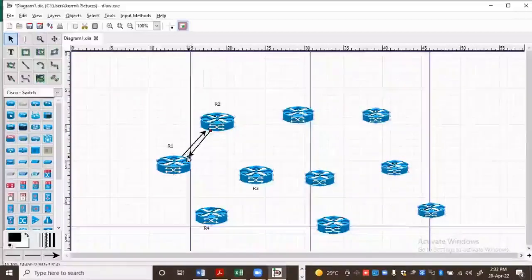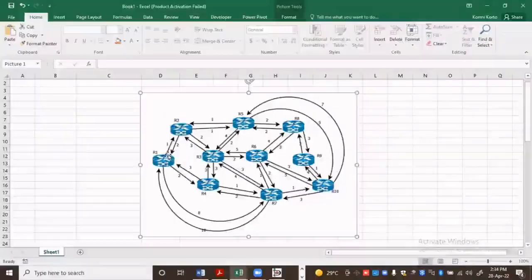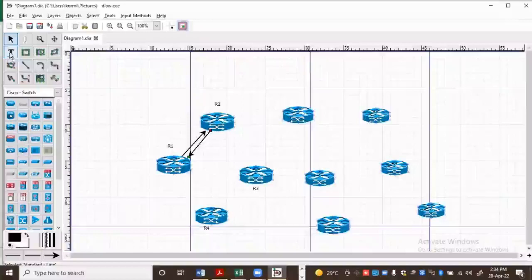And I've labeled the cost metric associated with the both bound packet routes that we have. So from router 1 to 2, I think it's associated with a cost of 1. So we got 1 up here. And then from router 2 back to 1 it has 2 as a cost.